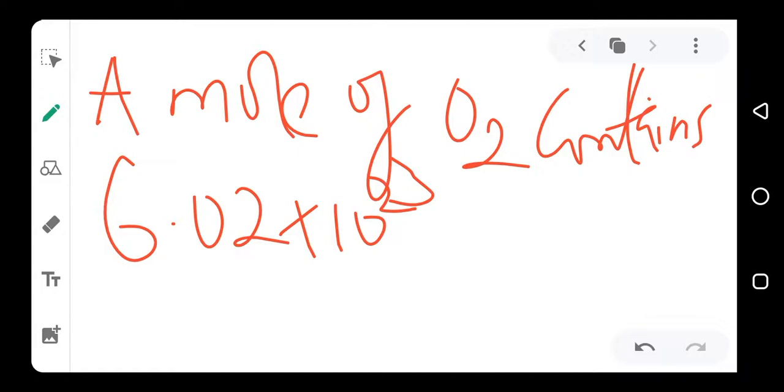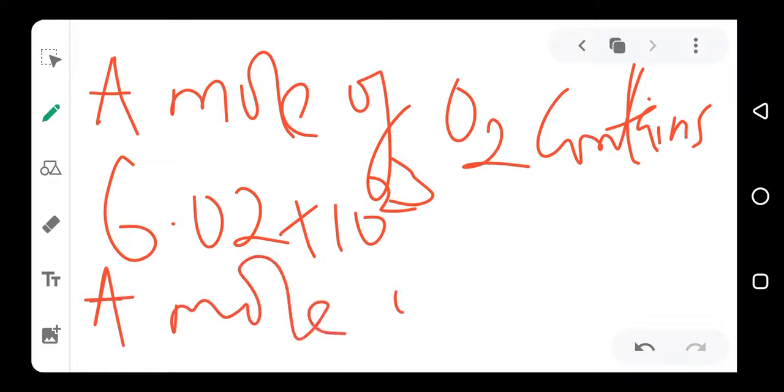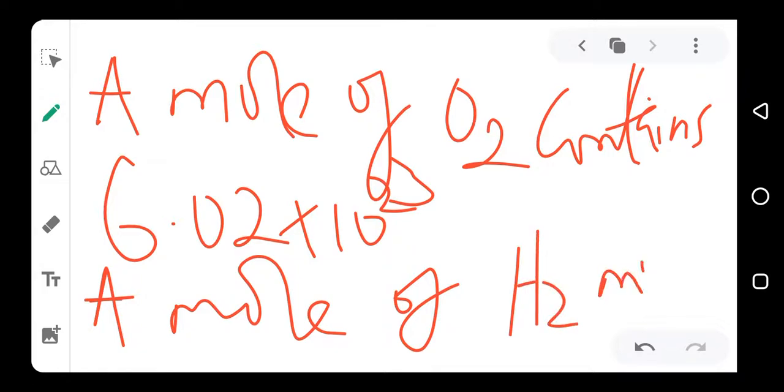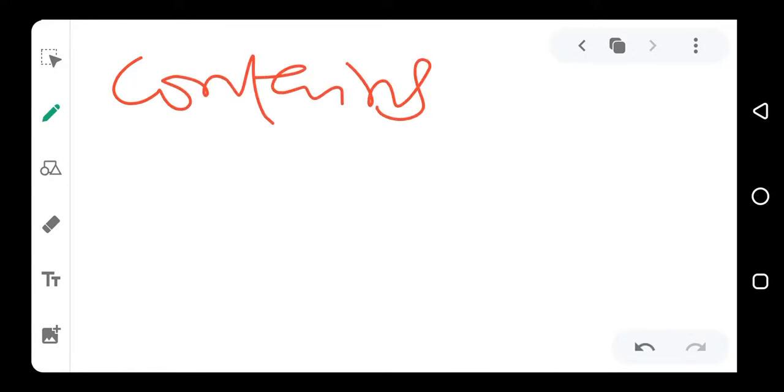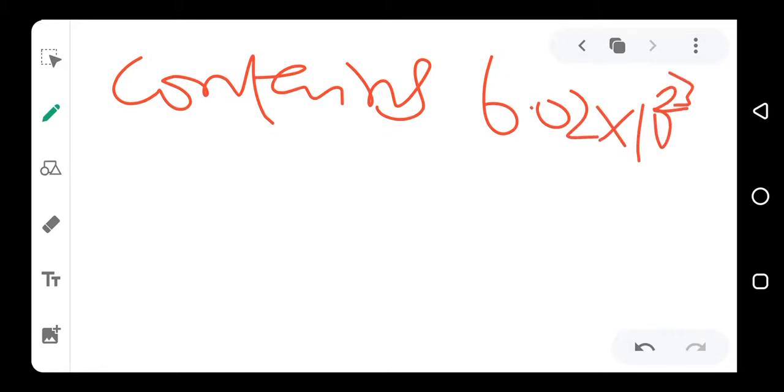So we say a mole of hydrogen molecule contains 6.02 × 10^23 molecules.